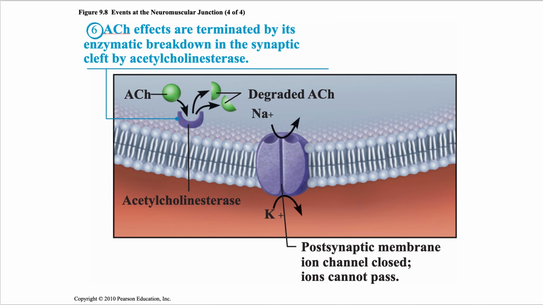So there is an enzyme, and the enzyme is called acetylcholinesterase, and acetylcholinesterase will break down the acetylcholine, and then it will diffuse back across the synaptic cleft and be taken up again by the axon terminal and restored into the synaptic vesicles as acetylcholine. So it breaks down and then is reintegrated back up into the axon and put back together into acetylcholine so that the nerve impulse can work again.